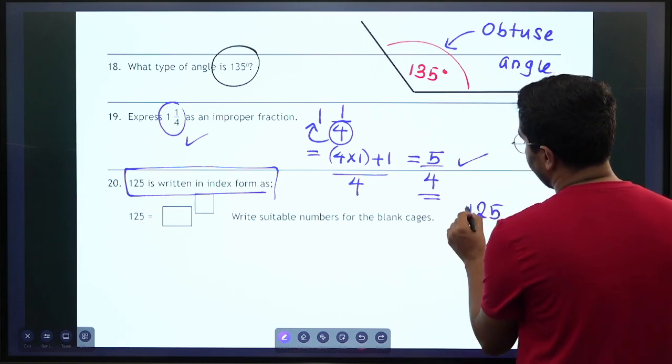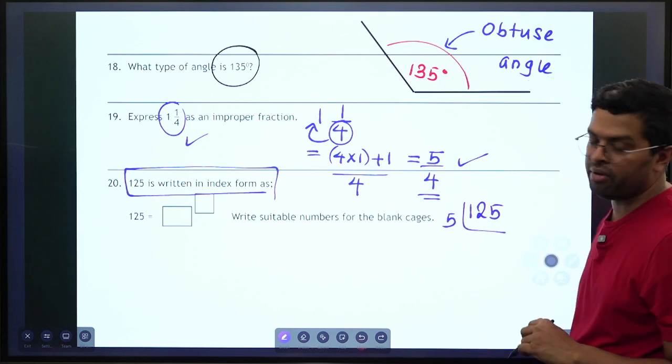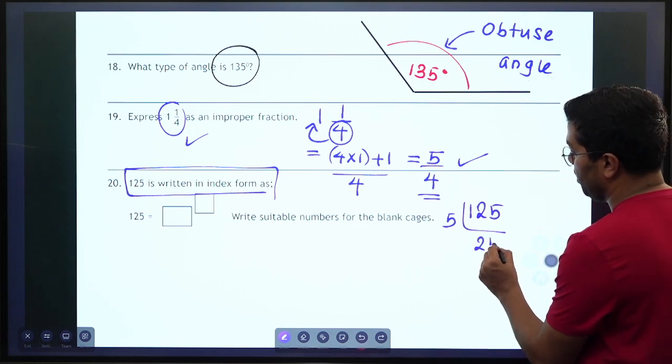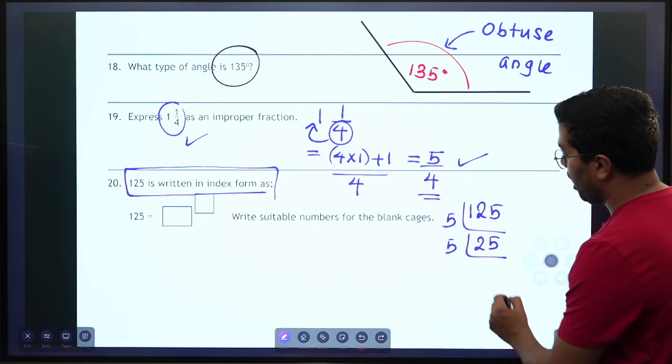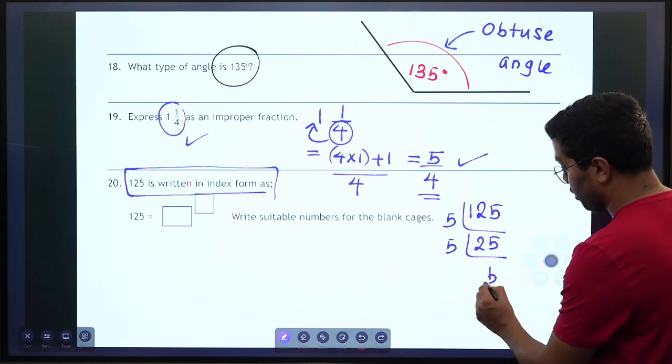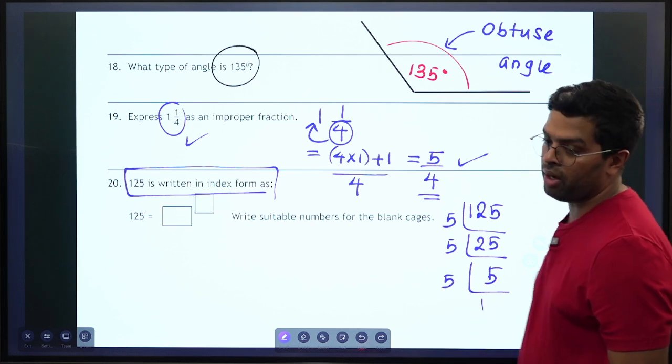125 is divisible by 5. If you divide 125 by 5, the answer is 25. 25 again is divisible by 5. Answer is 5. 5 divided by 5, answer is 1.